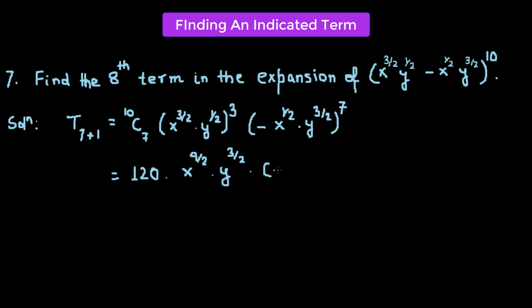Then we have negative 1 raised to the power of 7 times x raised to the power of 7 times half, which is 7 over 2, times y raised to the power of 3 times 7, which is 21 over 2. So we have negative 1 raised to the power of 7, which is negative 1.